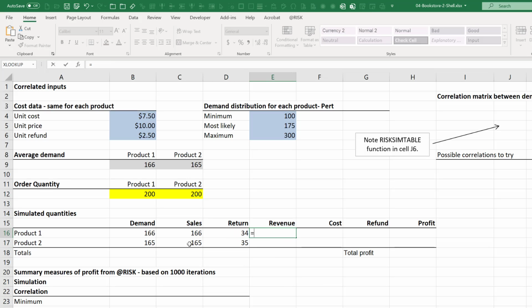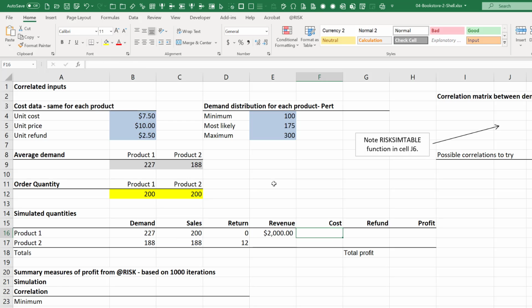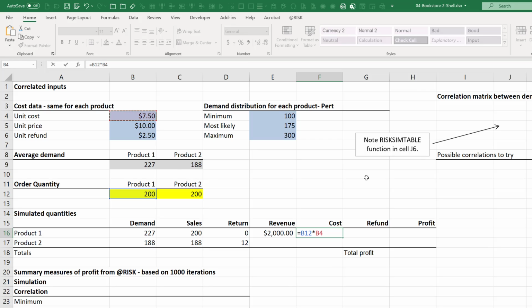Now revenue is going to be sales times unit price, and since the price is same for both products, I'm going to absolute reference it so I can copy it down. And cost, again, order quantity times unit cost.